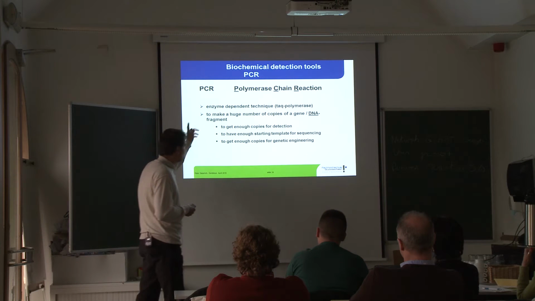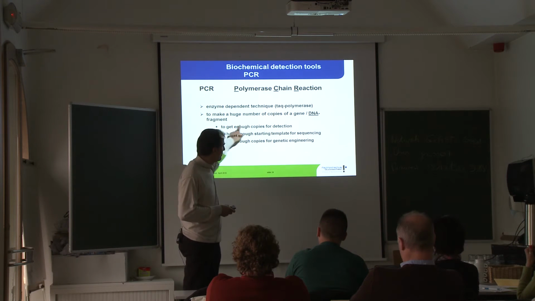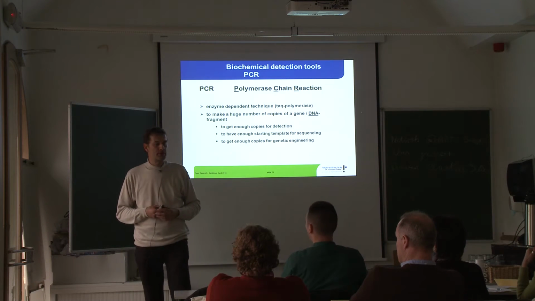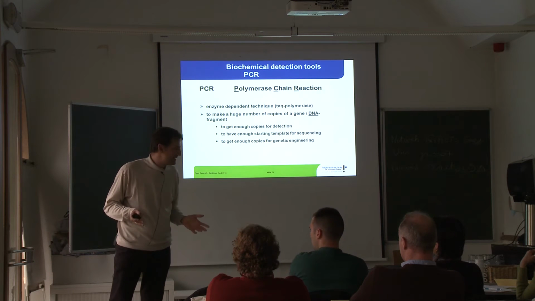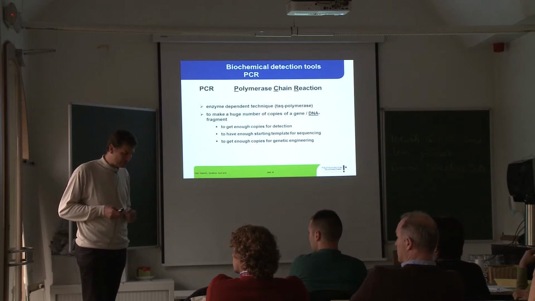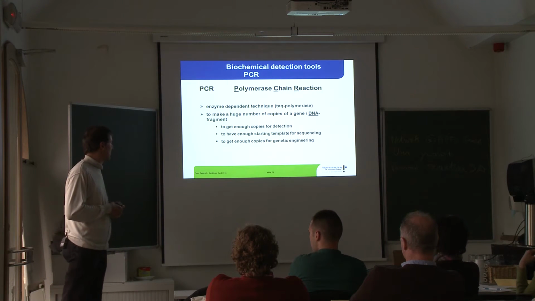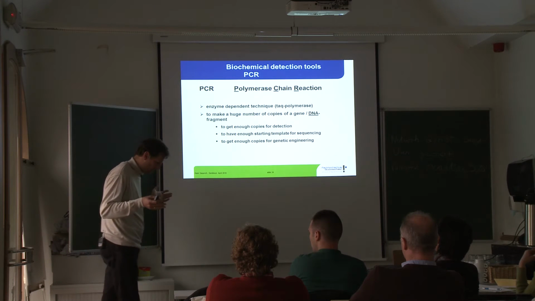The idea of this polymerase chain reaction, the name chain reaction already implicates, you make a huge number of copies of one molecule. In this case, it is a DNA molecule. Why do you want to have plenty of copies?